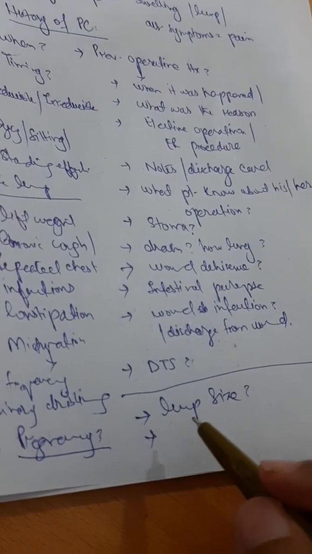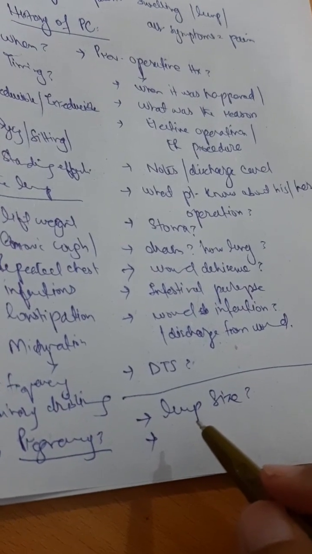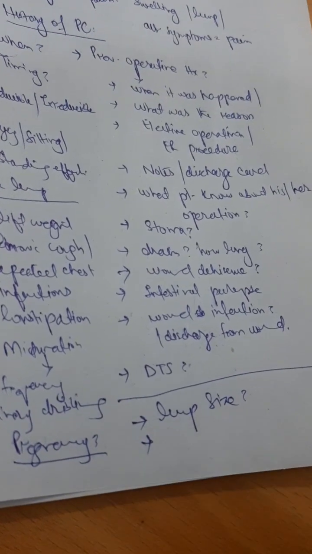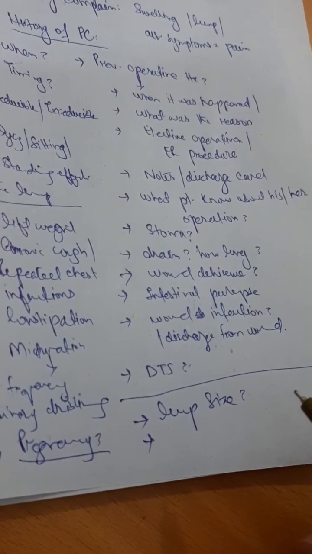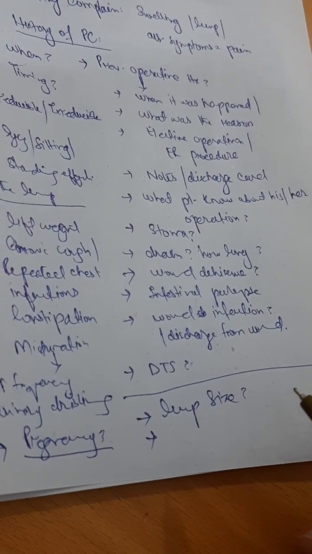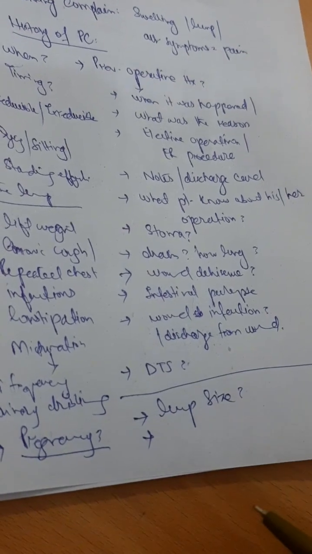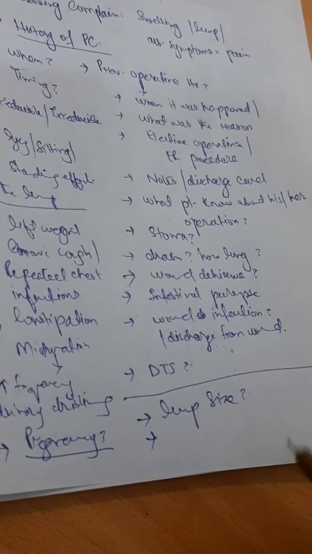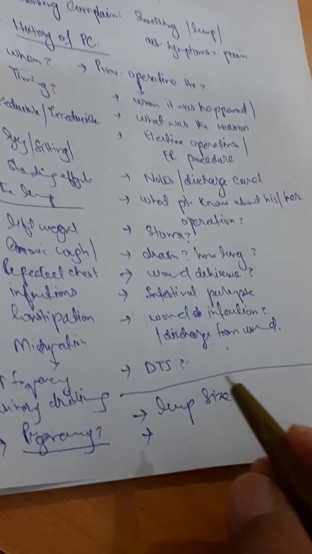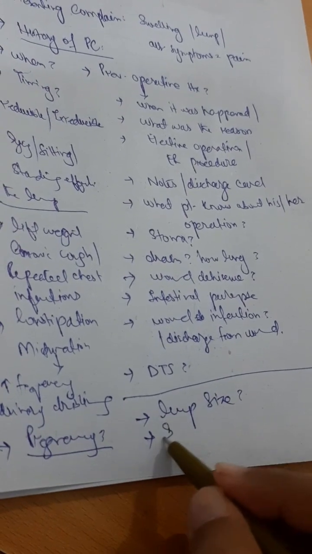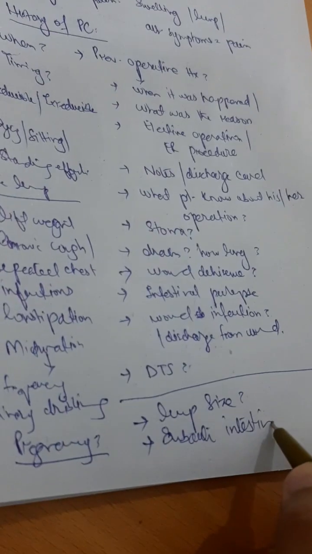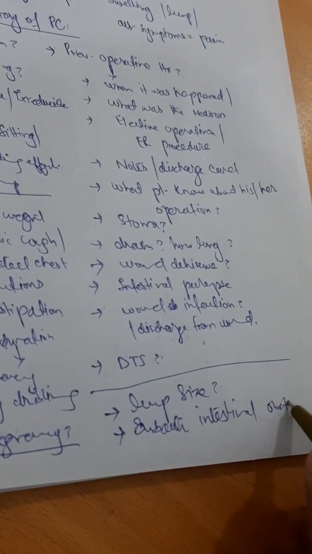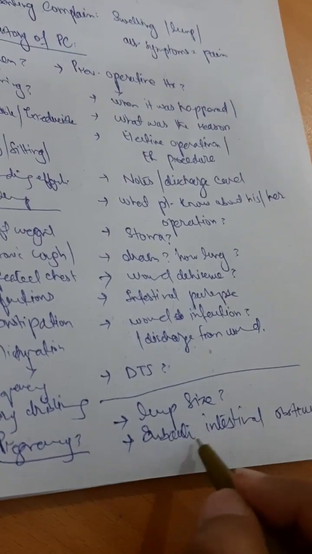And ask whether at some time the lump became irreducible and stuck, and the patient became constipated and then went to the hospital with vomiting and nausea. So ask about subacute intestinal obstruction or acute.